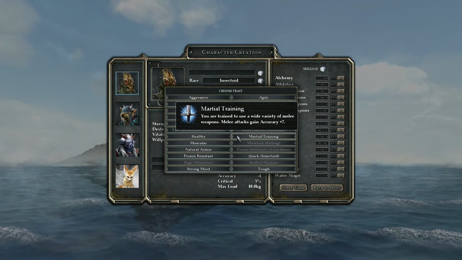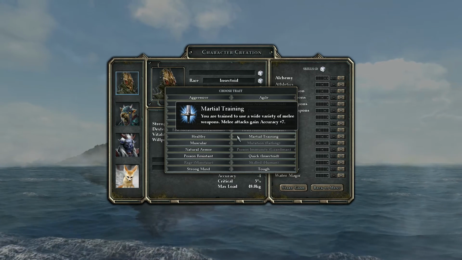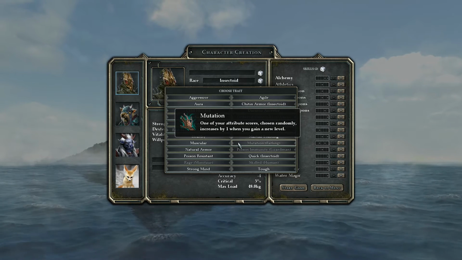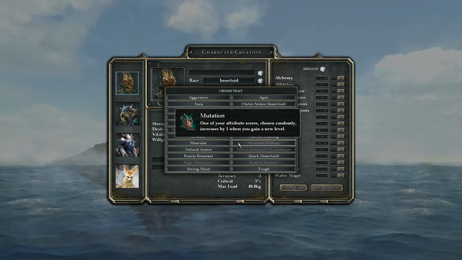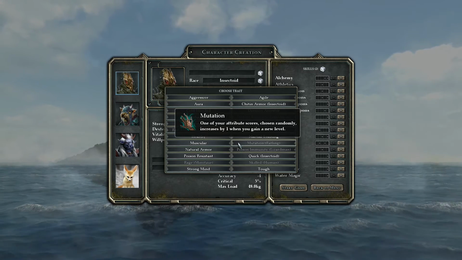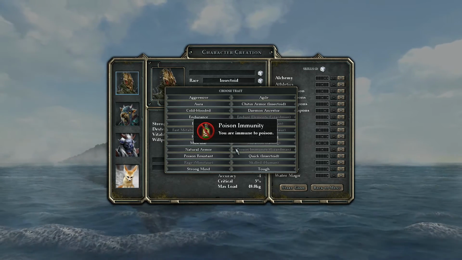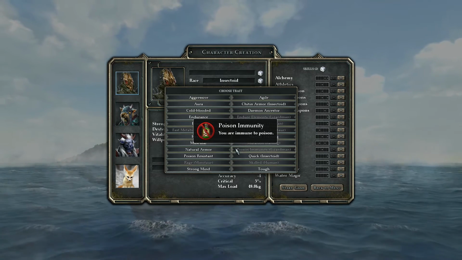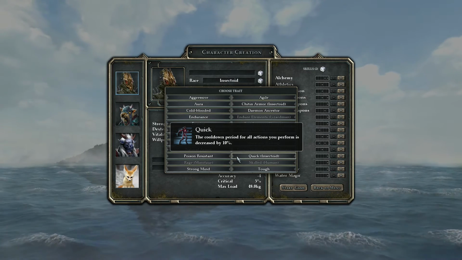Martial training. You are trained to use a wide variety of melee weapons. Melee attacks gain accuracy plus 7. Mutation. Ratling only. One of your attribute scores, chosen randomly, increases by 1 when you gain a new level. Poison immunity. Lizard man only. You are immune to poison. Quick. Insectoid only.